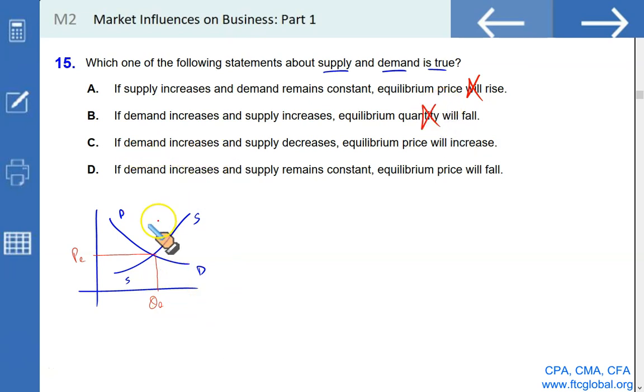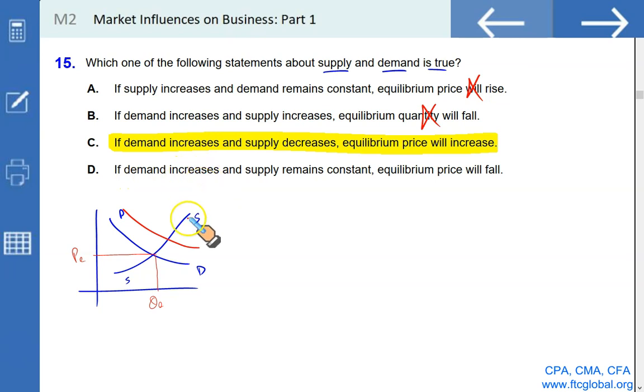Now, if the demand increases, D1, and supply decreases, equilibrium price will increase. Absolutely. This is it. Equilibrium price will increase. This is the absolutely correct option. Now, let's try the last one.